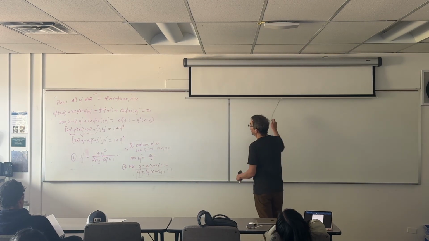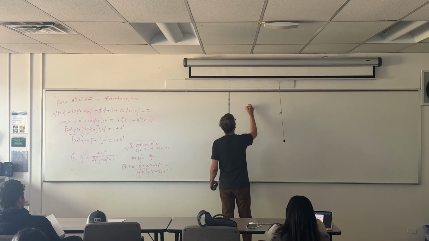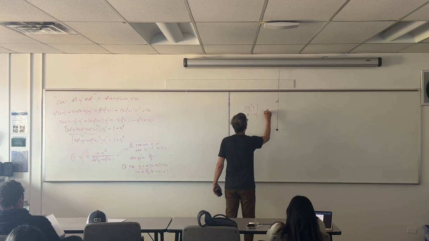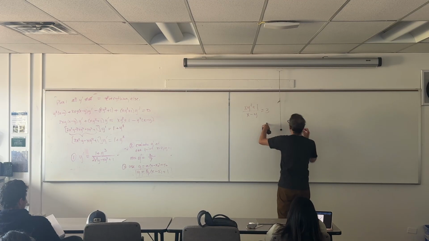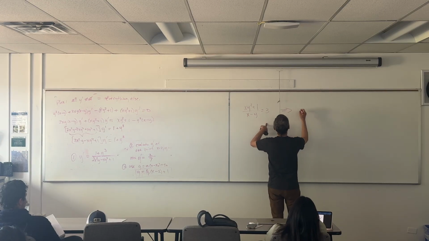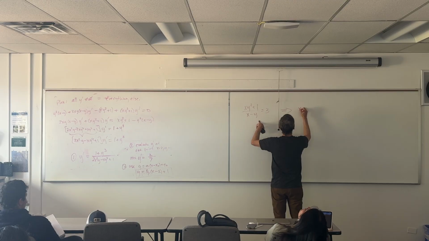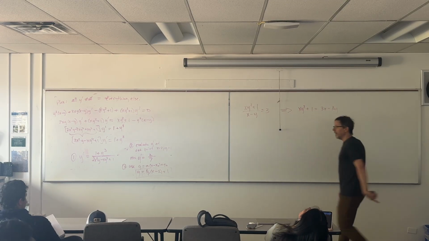Here's what we could have done at the very start of the equation. Remember, we had xy squared plus 1 over x minus y equals 3. I could have just multiplied the fraction away at the beginning. So I'm going to multiply both sides by x minus y, and I get xy squared plus 1 equals 3x minus 3y.